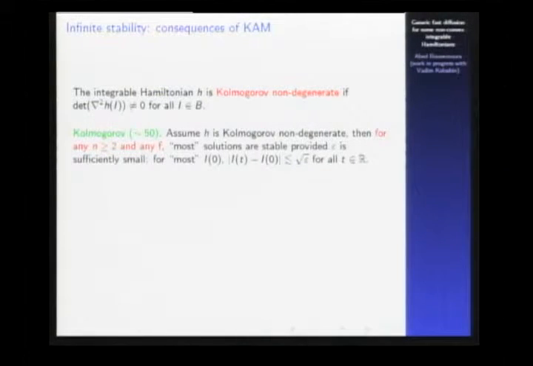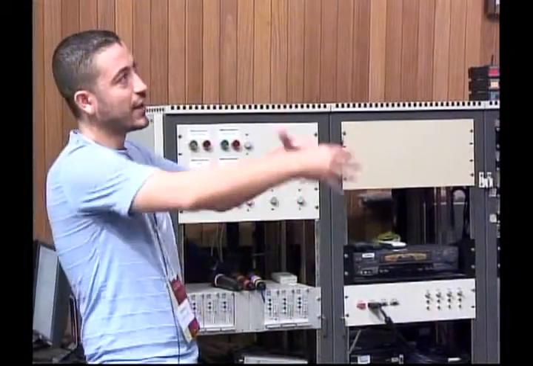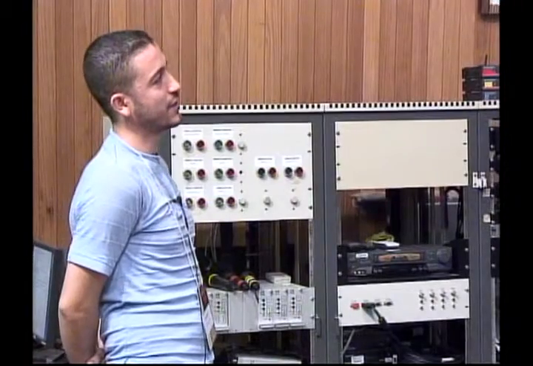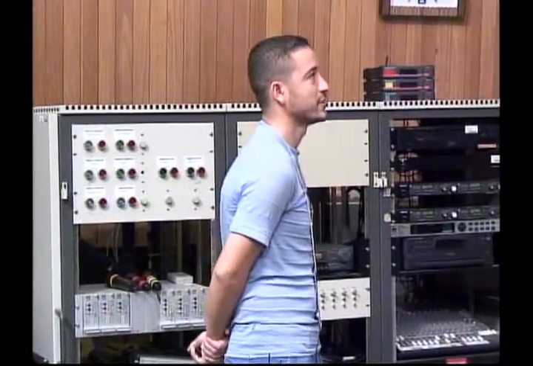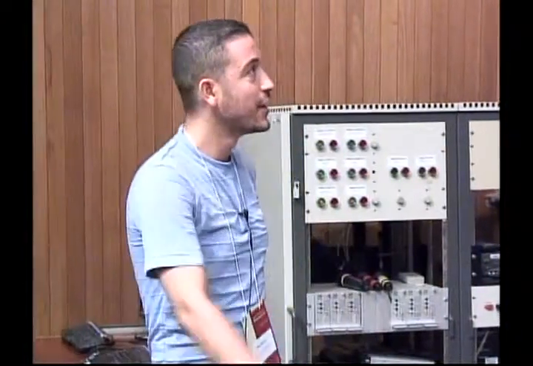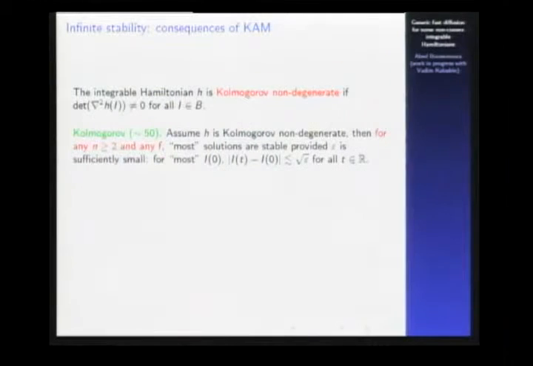So the variation is smaller than square root of epsilon for all time. Okay? So these solutions are not unstable, they are stable. You cannot have the instability that Arnold asked for with these solutions. So this is for most, but not for all, of course. And the complement can be very big, it can be dense, for example.